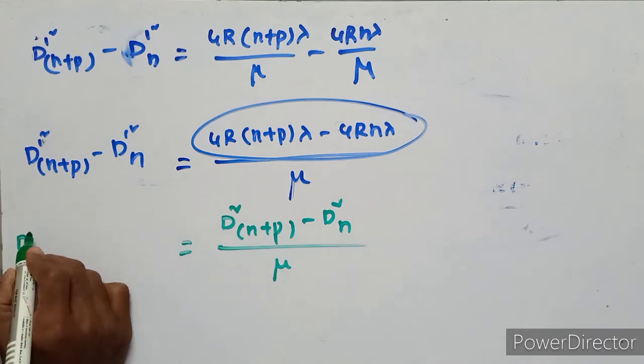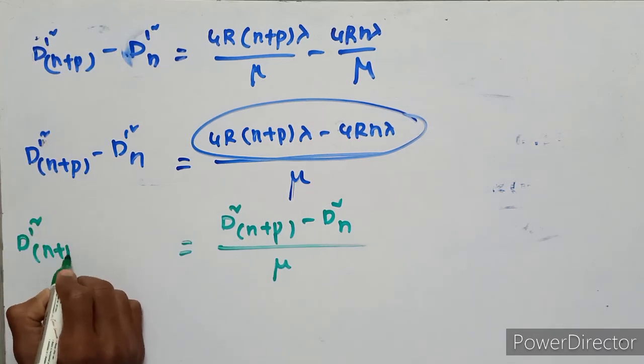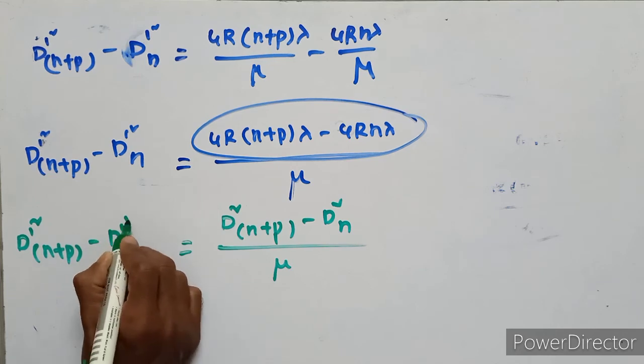So D'² at n+p minus D'² at n = (D² at n+p minus D² at n)/μ.